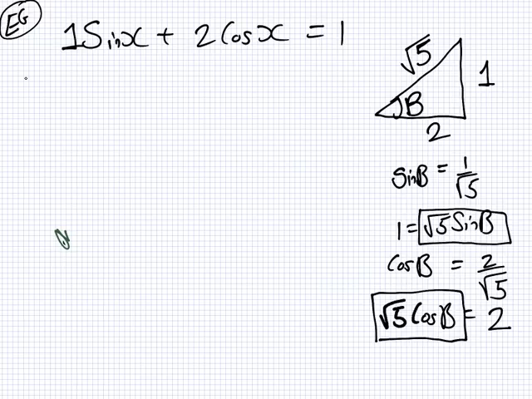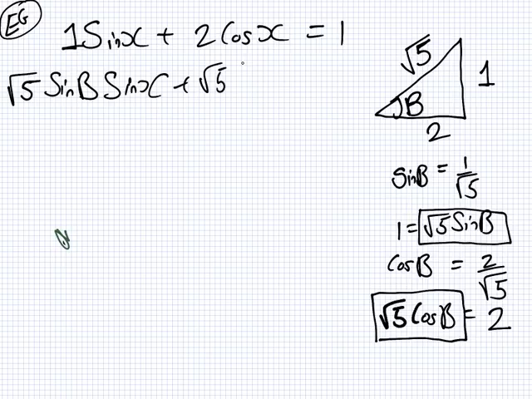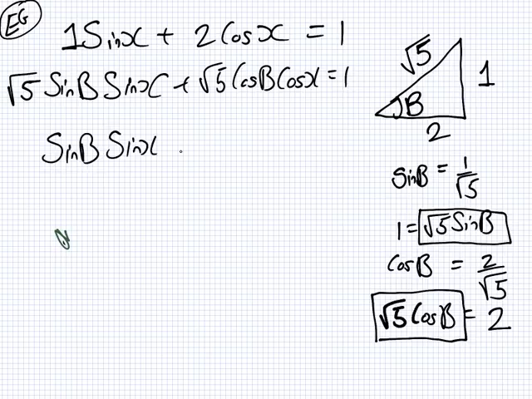So here we can say this is root 5 sin b sin x plus root 5 cos b cos x equals 1. So I should divide everything by root 5. So I get sin b sin x plus cos b cos x equals 1 over root 5.